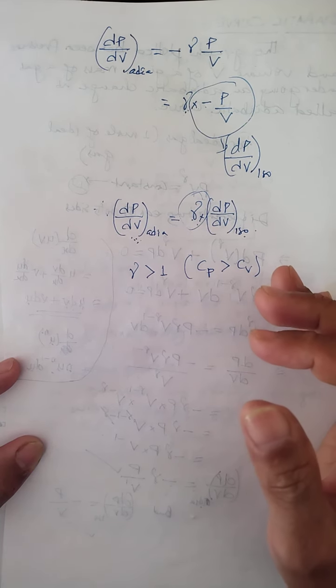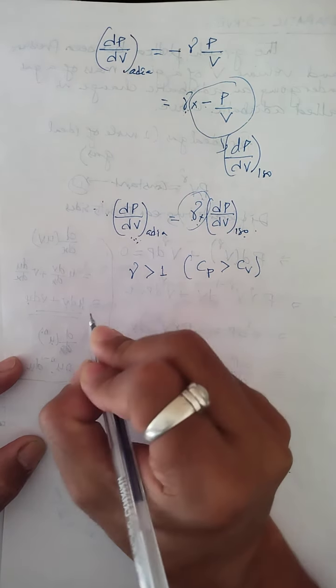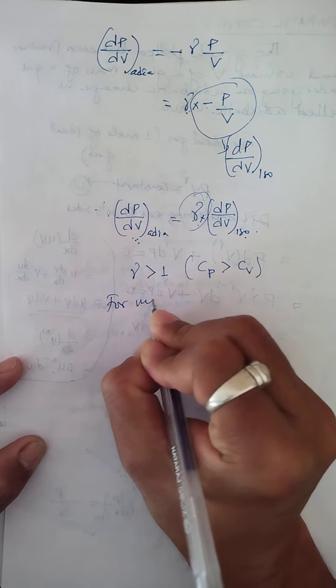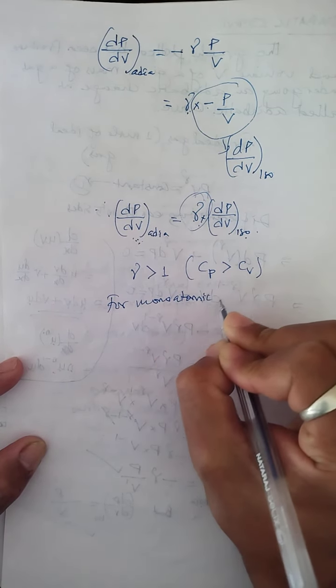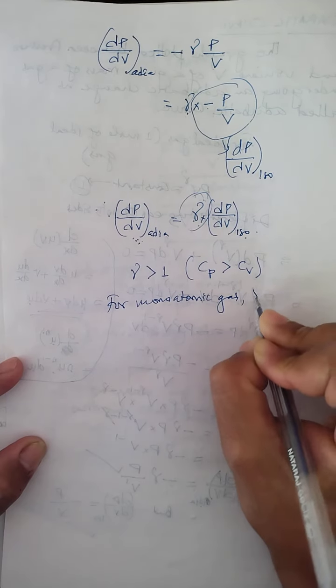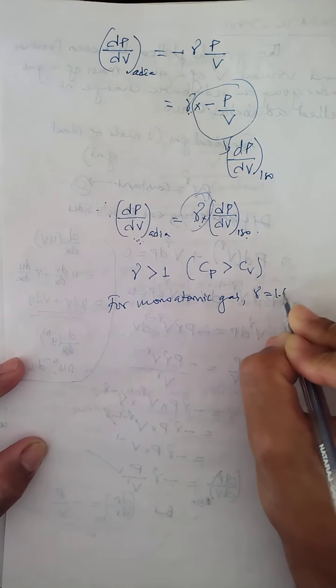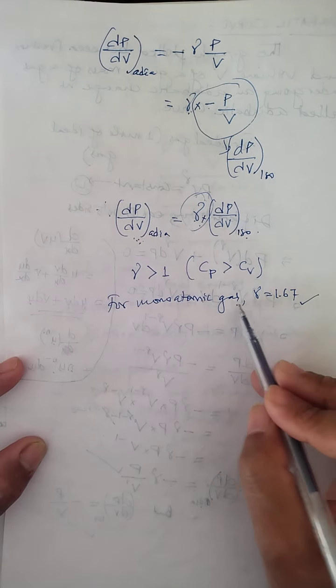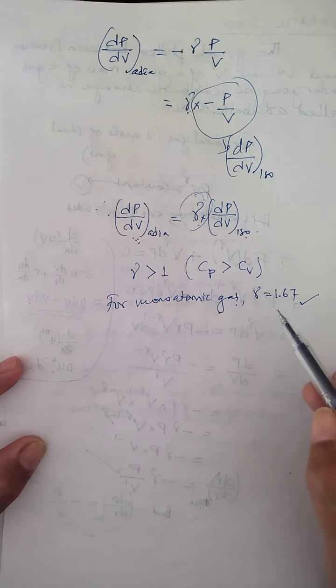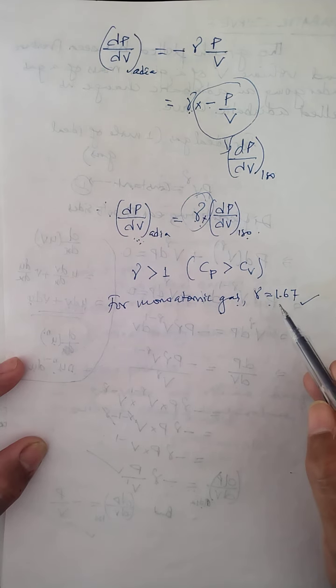Now just taking an example. If I take a monoatomic gas, a single atom gas, the value of gamma is 1.67.